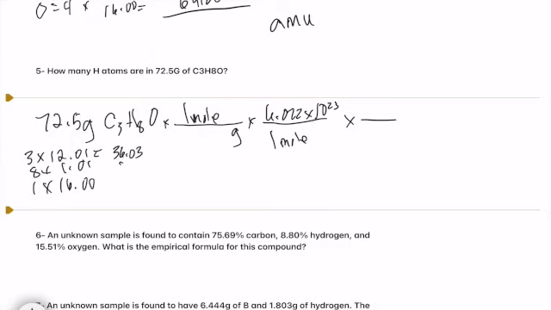We're going to get 36.03 plus 8.08 plus 16.00. And you get 60.11. So know that 1 mole of isopropyl alcohol is 60.11 grams.